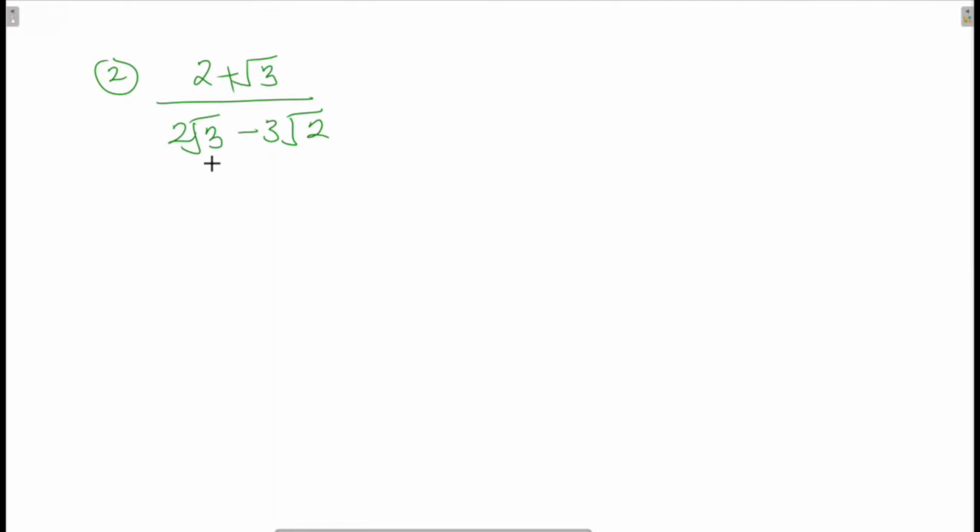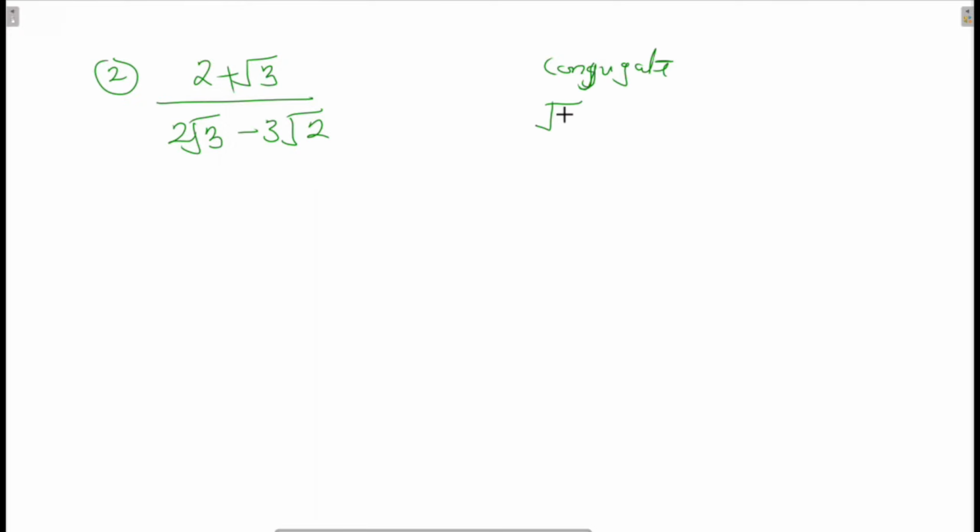So we have 2 root 3 minus 3 root 2. So how do we get this one solved? It's different from the one when we have a single surd. So to get this one solved, we need something in surds. We call it conjugate. What do you mean by conjugate?